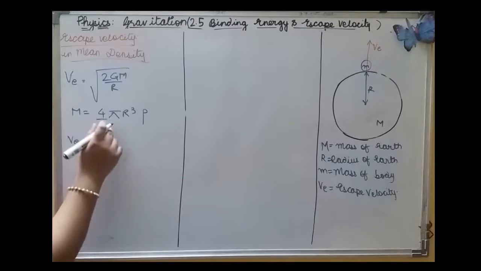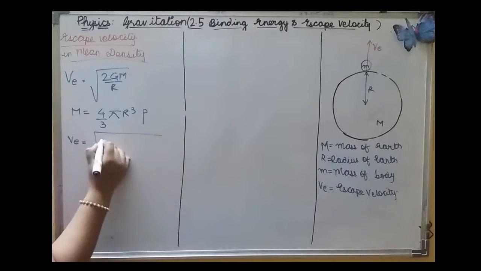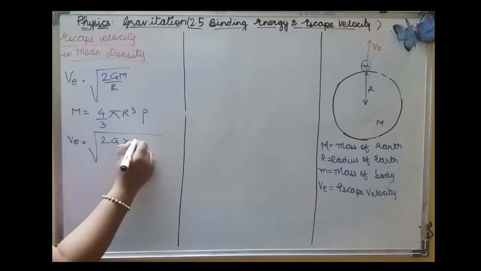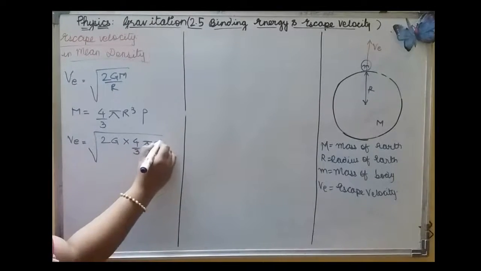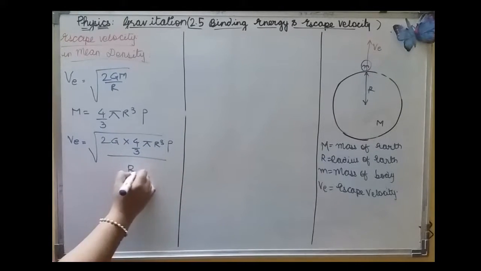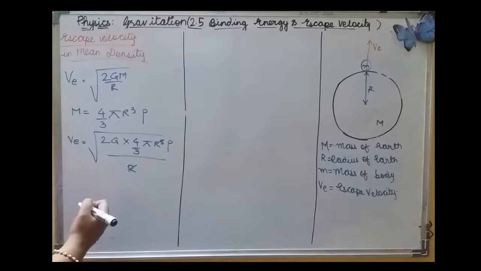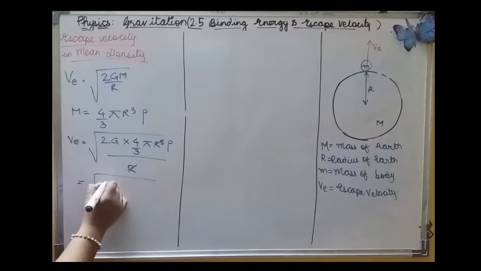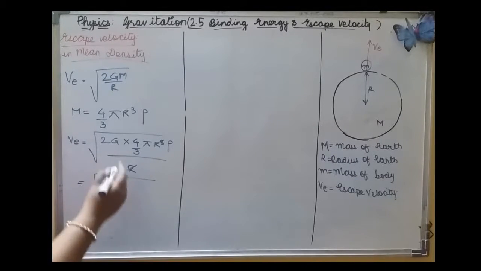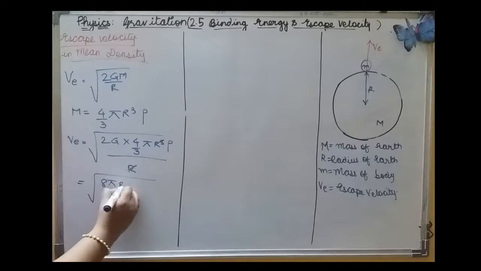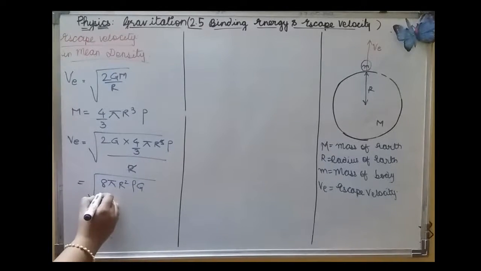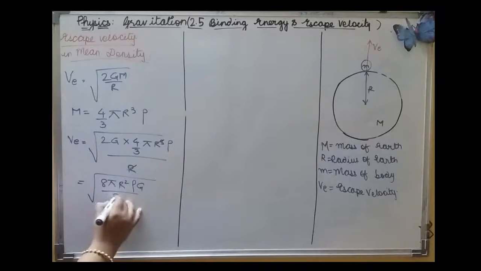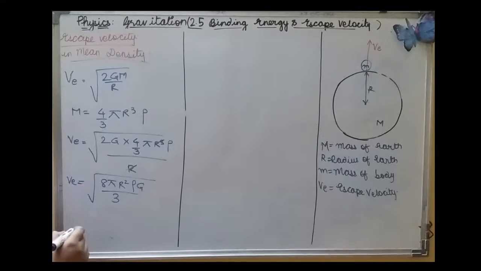Therefore we will substitute this M here: Ve is under root of 2G into 4 by 3 pi R cube rho upon R. One R and one R get cancelled from here. What is remaining? 4 into 2 is 8. Together we will write down: pi, R square, rho, G. This 3 gets transferred below in the denominator.